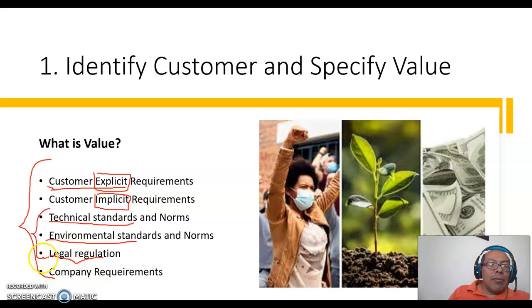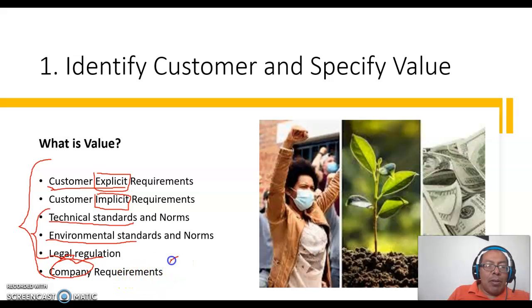The last one is the company requirements. Those are requirements that are sometimes not even defined by the customer, nor by the regulations, but the company wants to make sure that the product or service complies with them, since they may create competitive advantage.